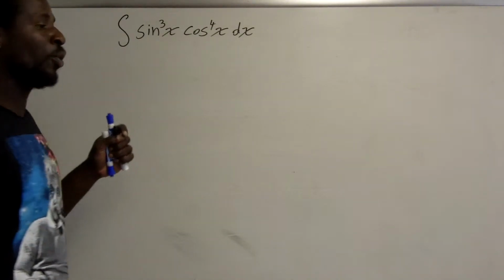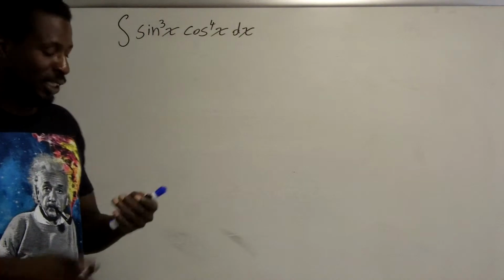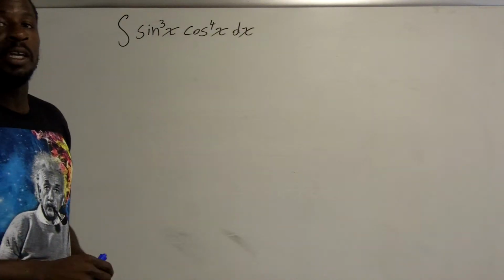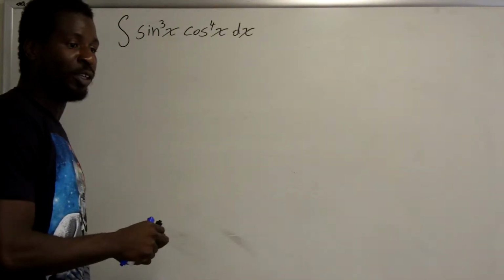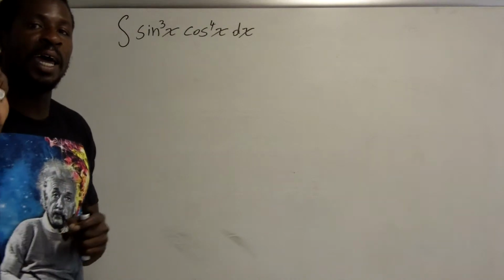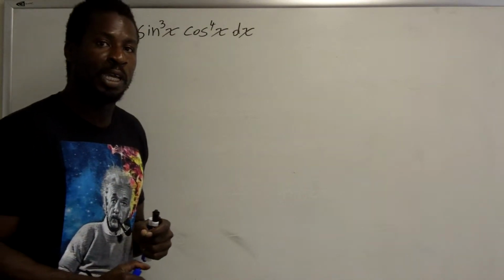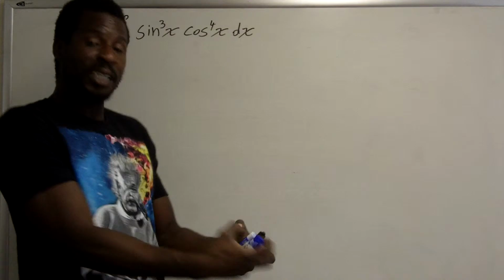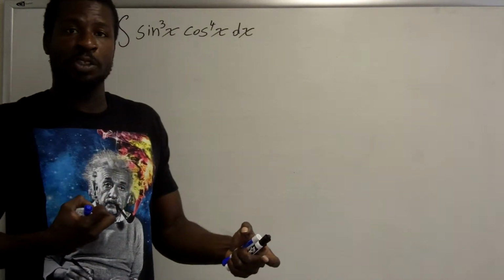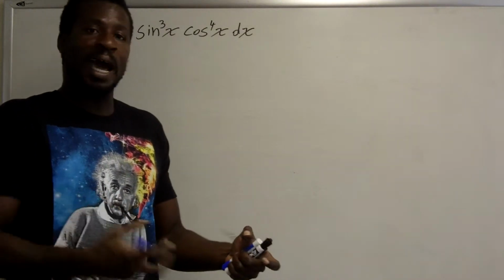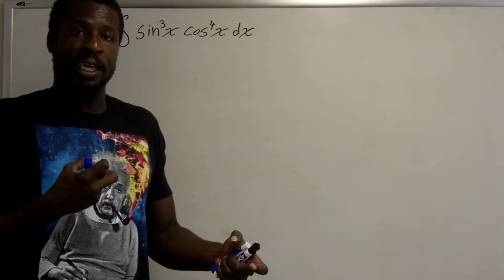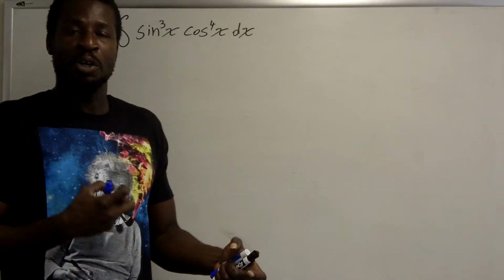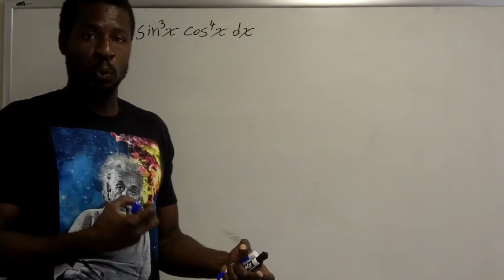The essential part is you have to look for either a sine factor or a cosine factor that has an odd power. If it has an odd power, you can isolate one of those factors, and that isolated factor will now be your du.